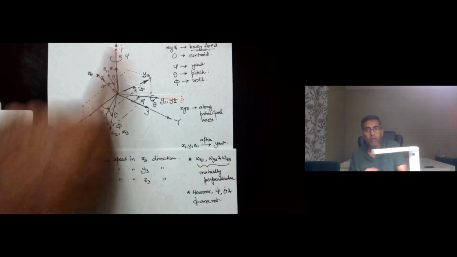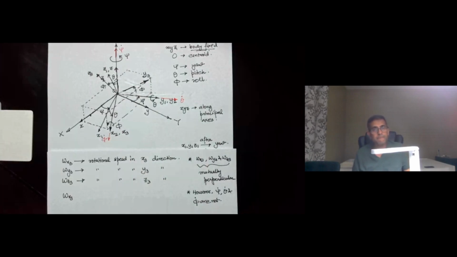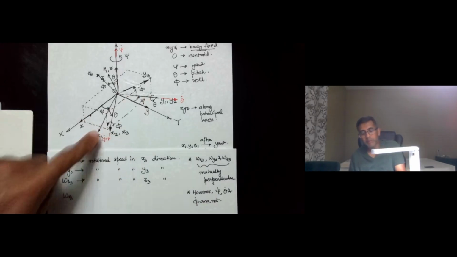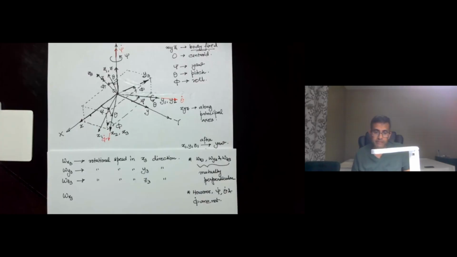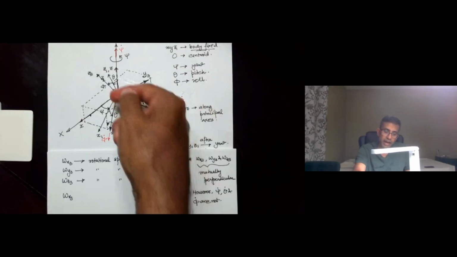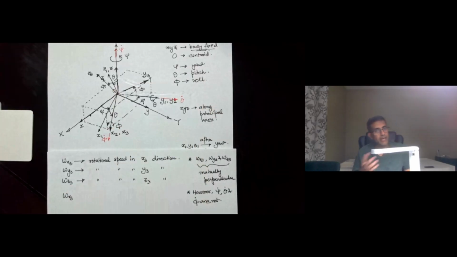So theta dot will always be perpendicular to psi dot. Similarly, theta dot is always going to be perpendicular to phi dot. And that is because theta dot is in the direction y2 and phi dot is the direction of x2, and x2 and y2 are mutually perpendicular directions.